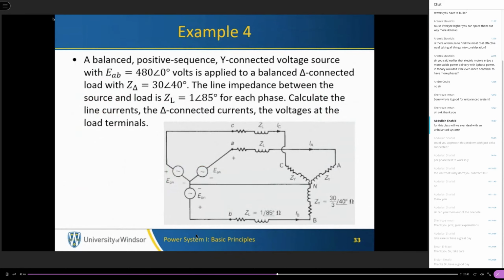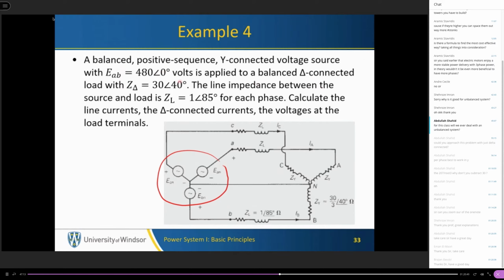Now, let's solve this problem here. We have a balanced positive sequence, Y-connected voltage source. The line-to-line voltage is 480 volts with angle 0, and it is applied to a balanced delta connected load.